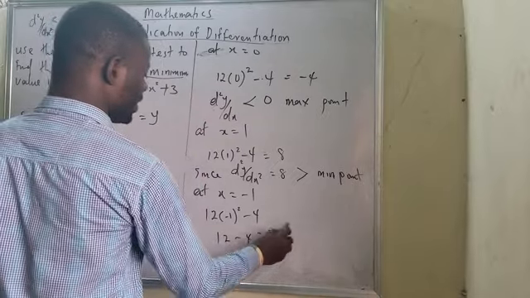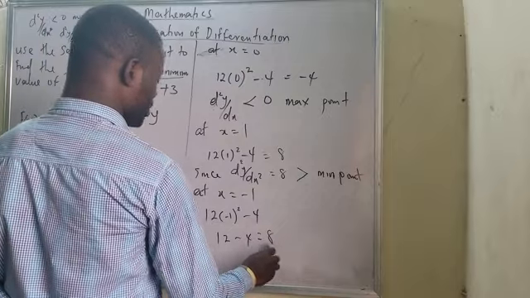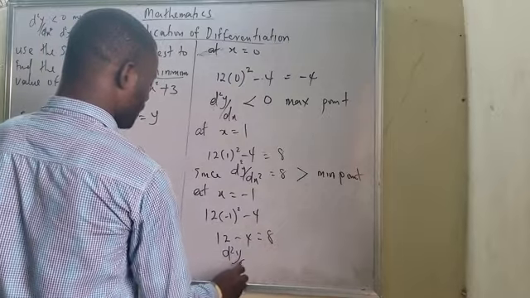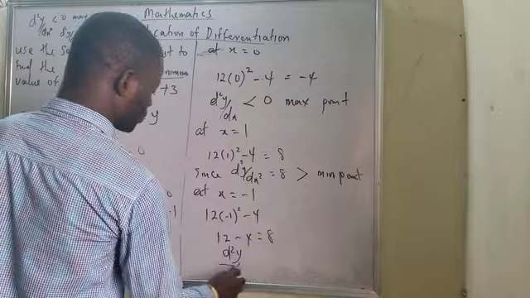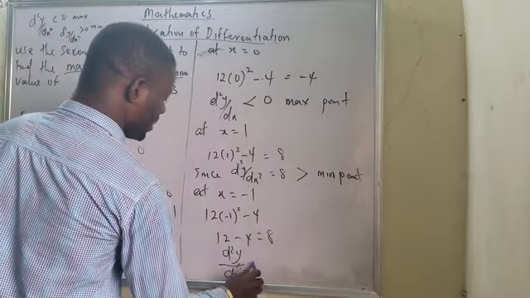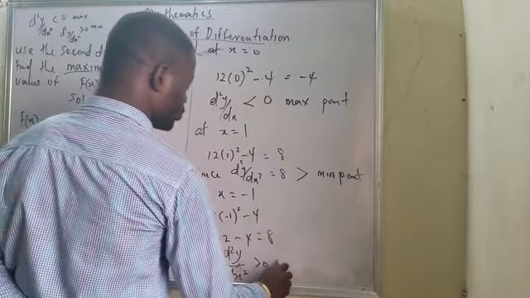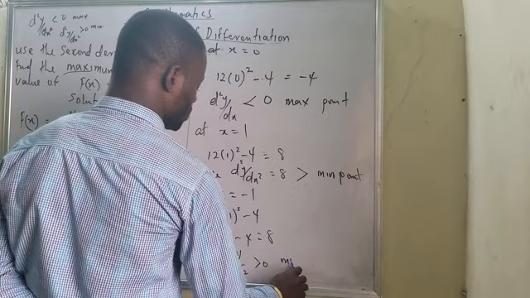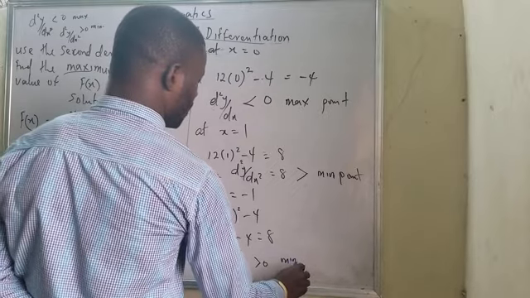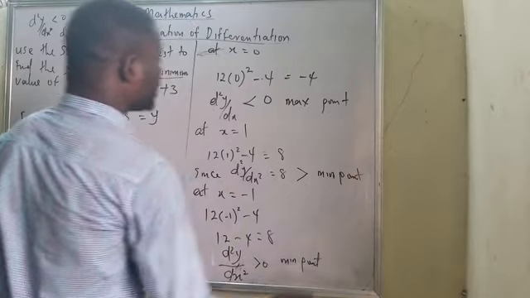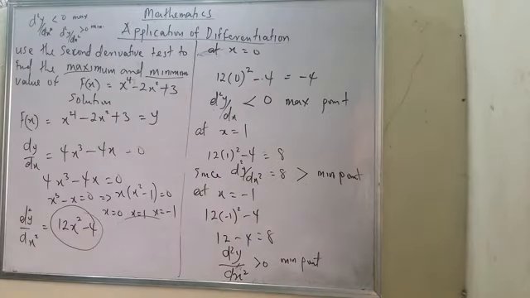So d squared y over dx squared is greater than 0. It's also a minimum. That is all about that. It means I've used the second derivative to test and find the maximum and minimum.